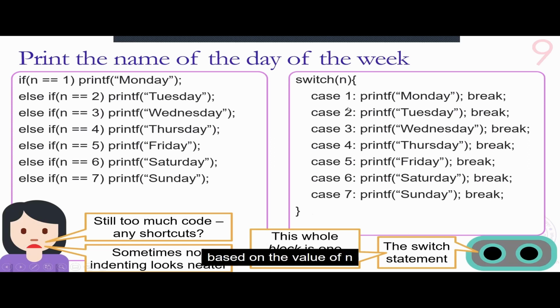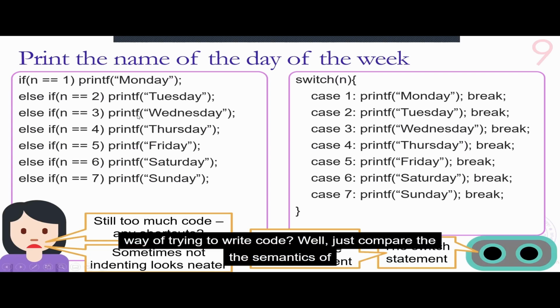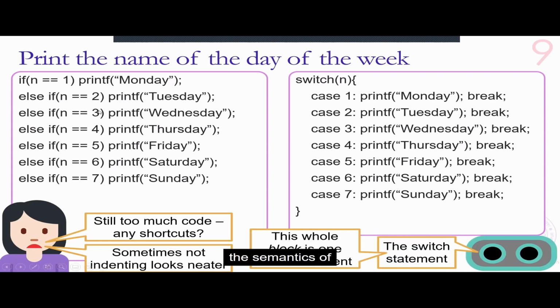What it does is exactly the same thing that this code on the left is doing. Based on the value of n, it either executes this or this or this or this or this or this or this. So why is this a good way of trying to write code? Well, just compare the semantics of what you wrote in the previous code using if else with this one.